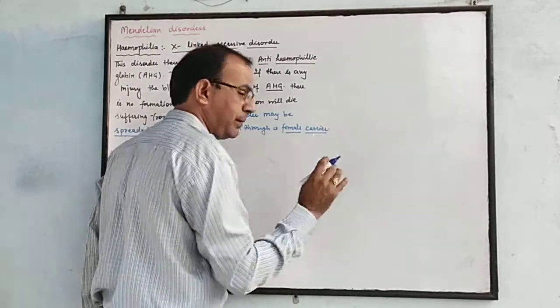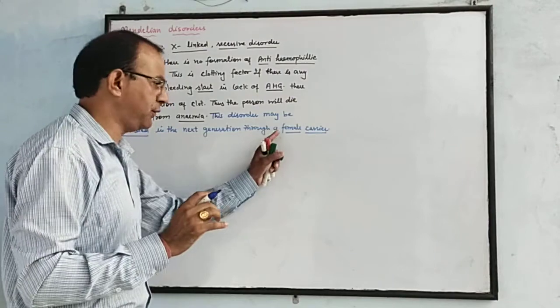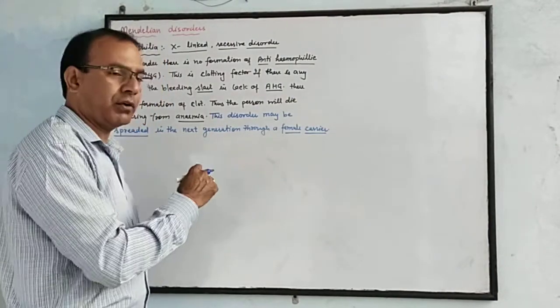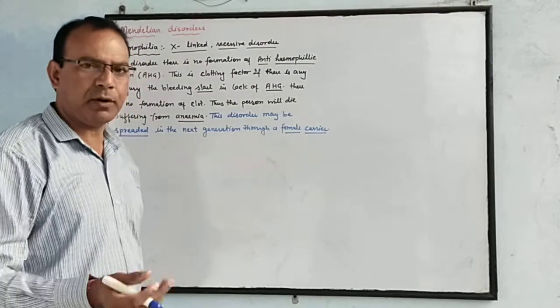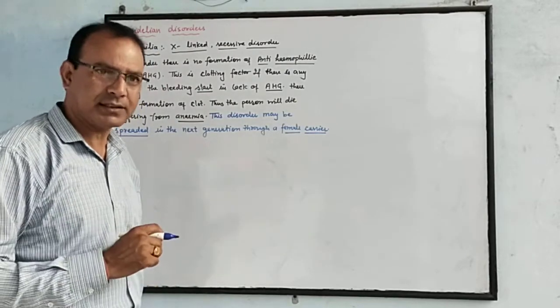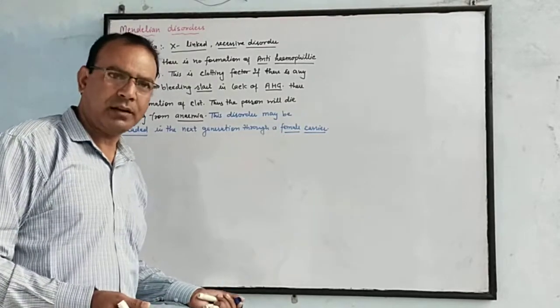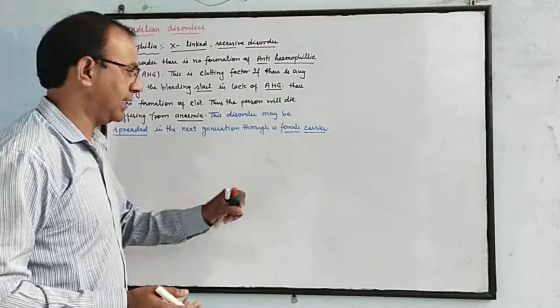Not affected. Females who are affected by hemophilia may die at an early stage. If it occurs in a male, the male is affected because he contains only one X. But in a female there are two X chromosomes. If one X is affected and one is normal, then that type of female is a carrier.